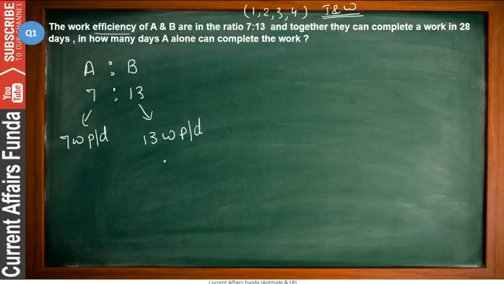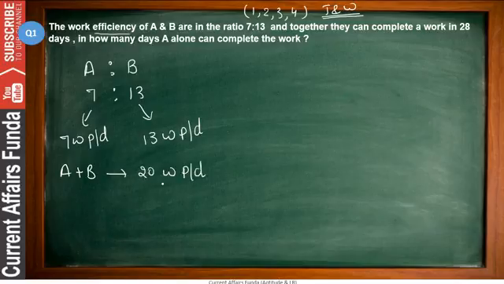The combined efficiency of A and B will be 7 plus 13, that is 20 work per day. And the question says together they can complete a work in 28 days.